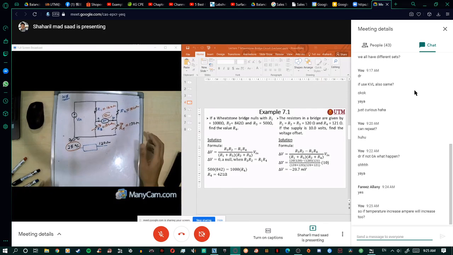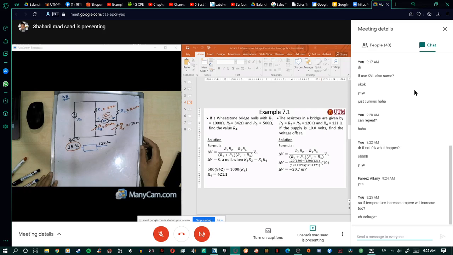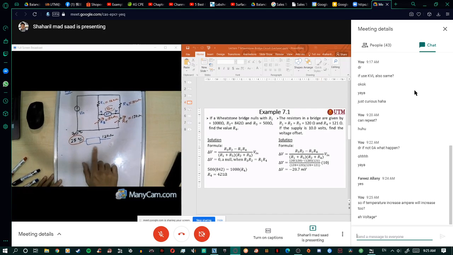So if the temperature increases, the current will increase too. We're not talking about the current actually, we're talking about the voltage. Yes, the voltage will also increase, but it depends on your transducer.